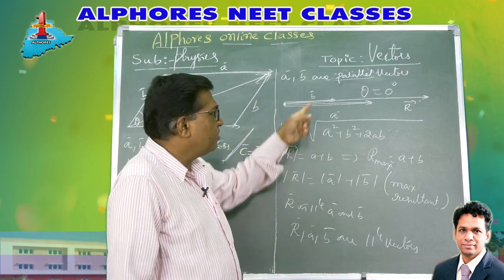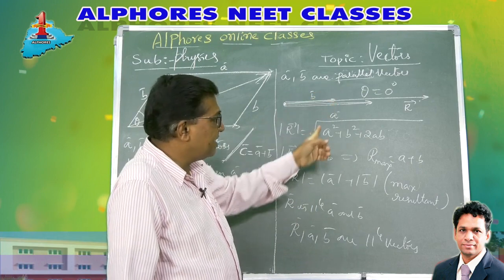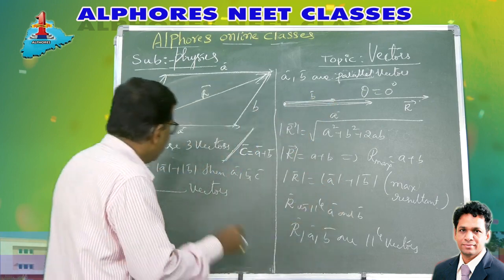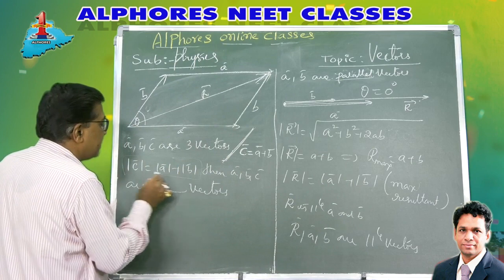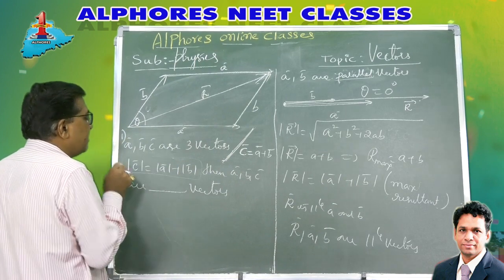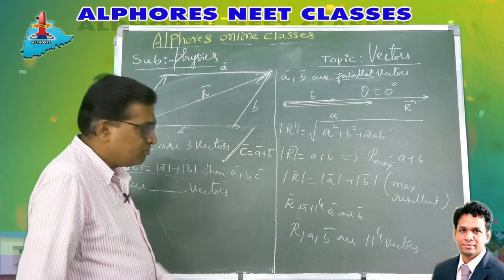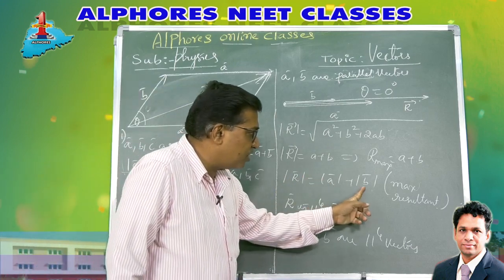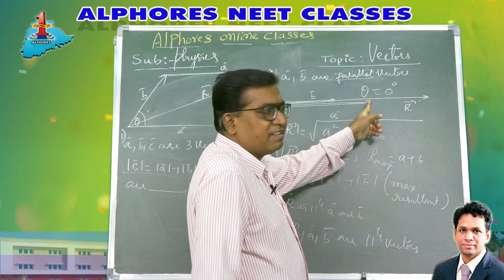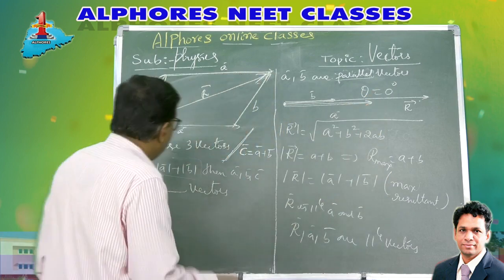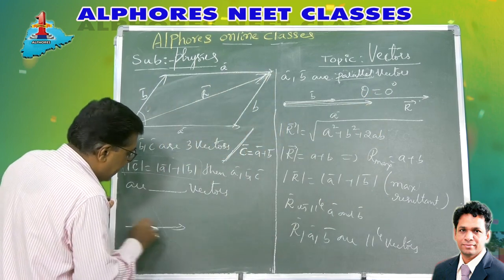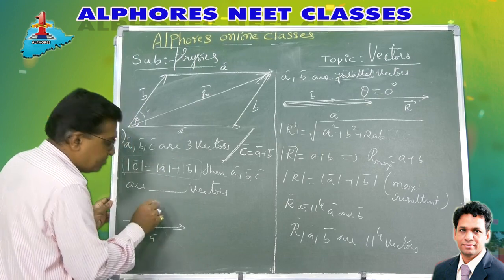If two vectors are parallel, then the resultant magnitude is mod A plus mod B. In the question it is given that the magnitude of the resultant is magnitude of A plus magnitude of B. The magnitude of the resultant is mod A plus mod B when the vectors are in the same direction. So this is possible when A bar and B bar are in the same direction.